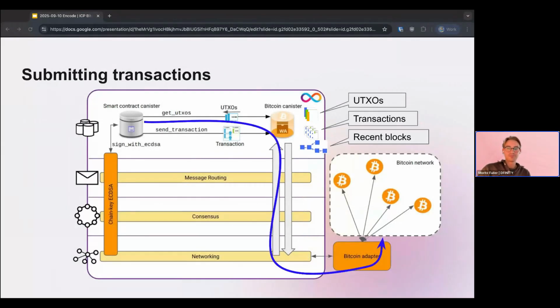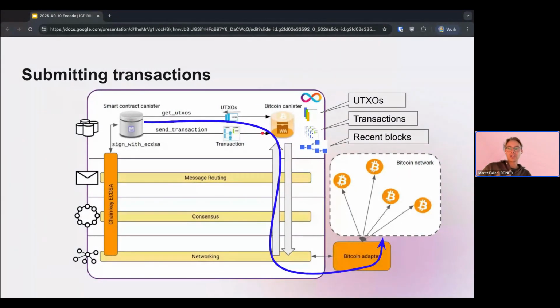Cool. Now that we know how all the functionality except for Bitcoin send transaction is enabled, let's talk about that as well. So if you as a developer want to send or write a smart contract that sends a Bitcoin transaction, it is first submitted from your smart contract to the Bitcoin canister.